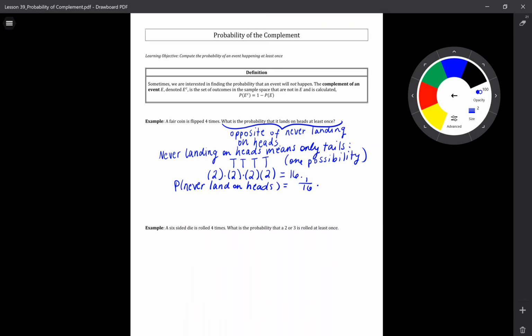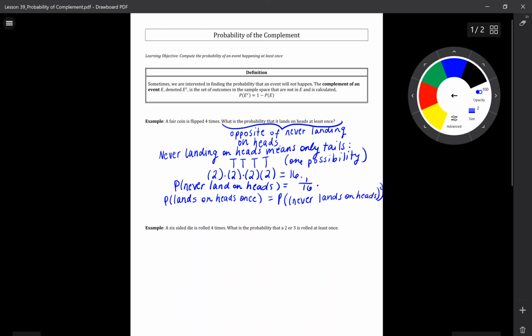So that is the complement of the probability that it never lands on heads. This is 1 minus 1/16, which is 15 over 16. So the probability that it lands on heads at least once is 15 out of 16. That's the opposite of never landing on heads.